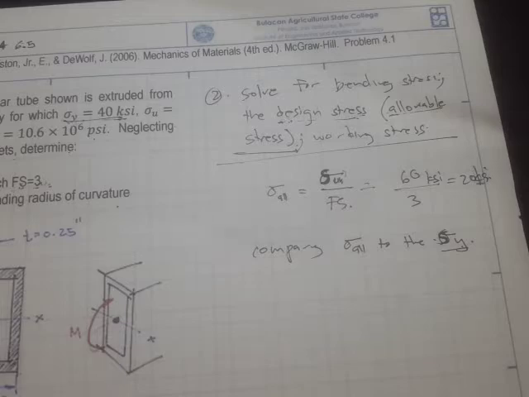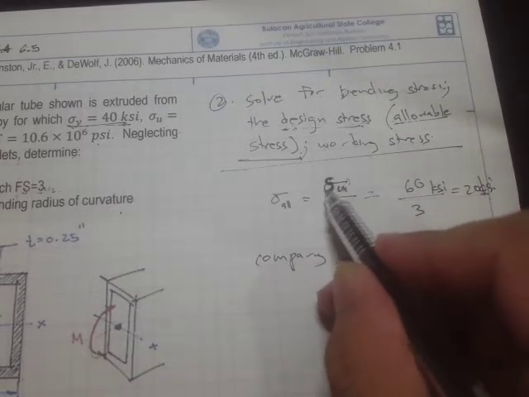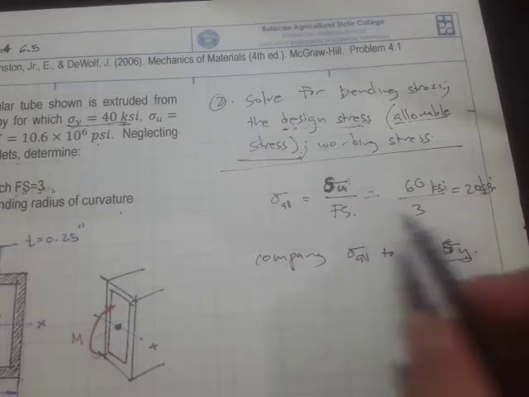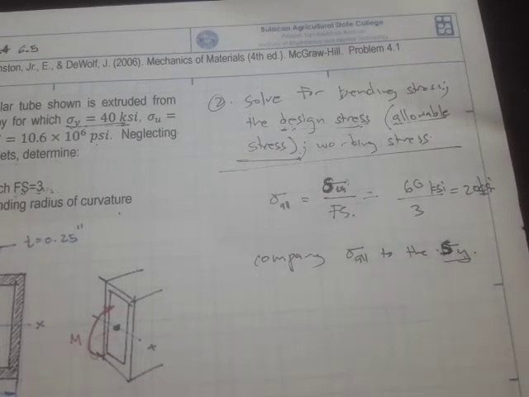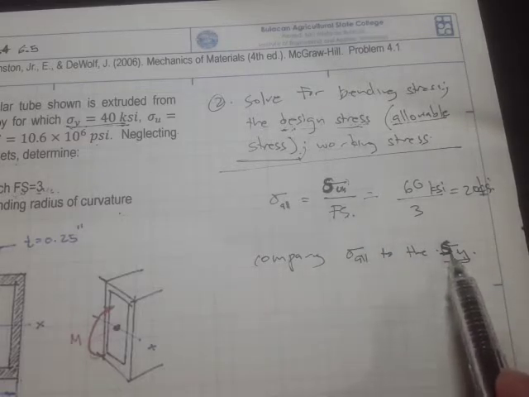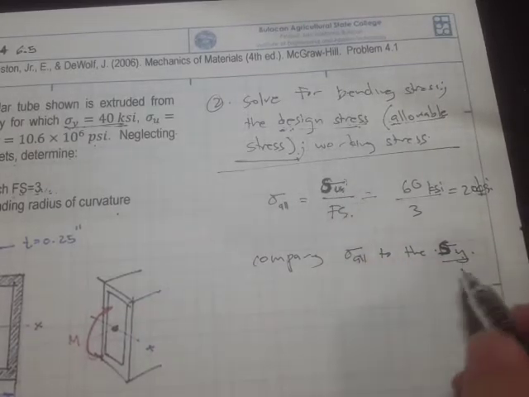That's the stress. But the strength is the capacity of the material. How much load can it carry? So that's why sometimes you would see this S in the machine design course, and in structures engineering, instead of S, it uses a capital letter F. But the idea is just the same.